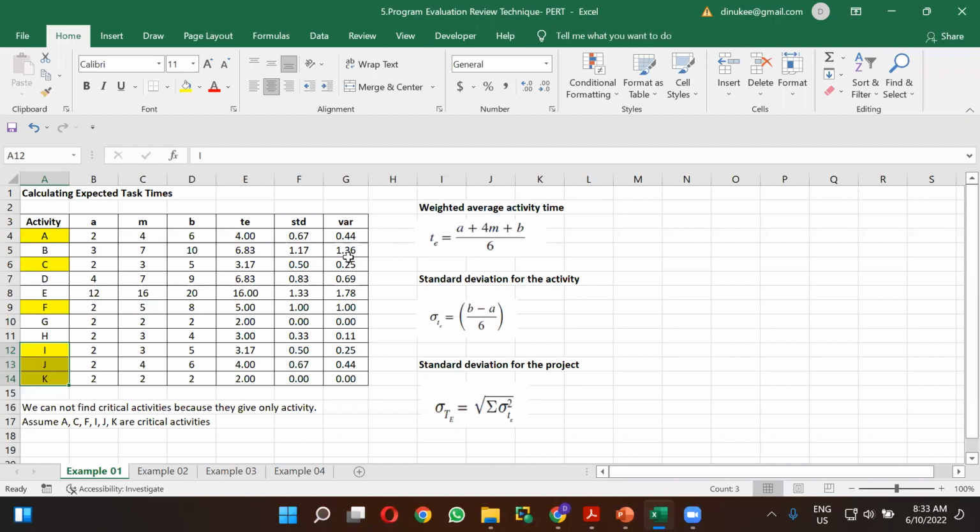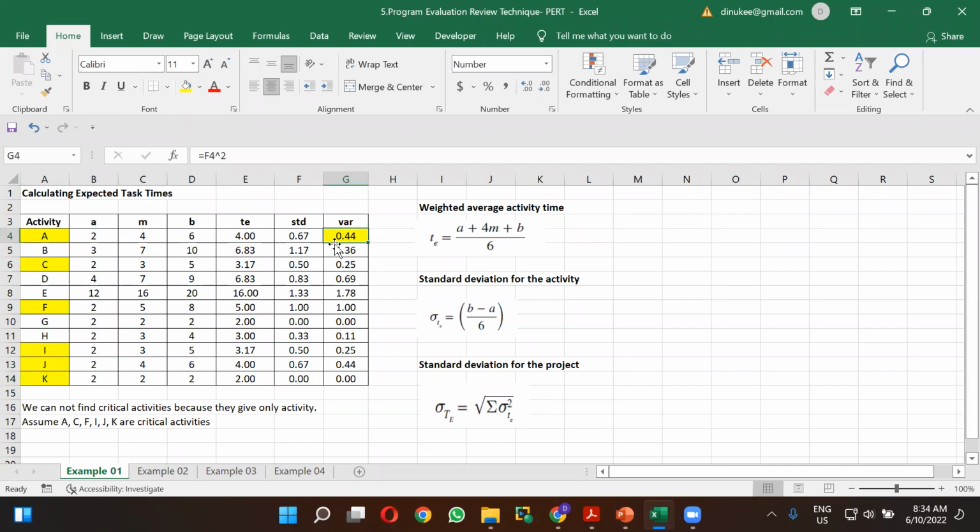We have calculated the variance for each of these activities, but the variance needs to be taken only for the critical activities. That's why I have asked you to highlight those activities. After highlighting, you can simply pick the variance for the given activity.